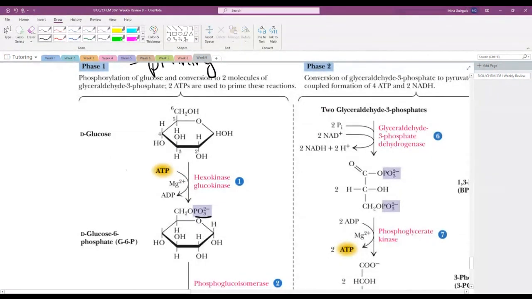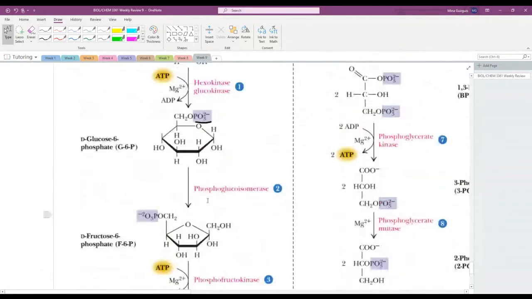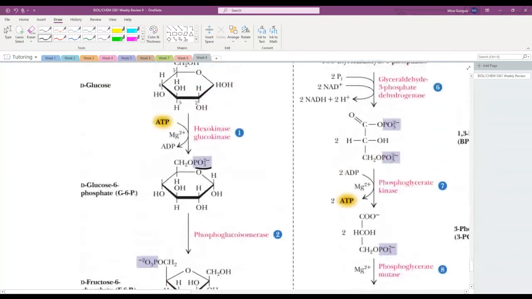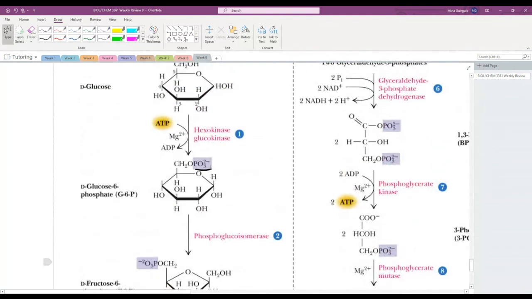So now it's not just glucose, it's glucose 6-phosphate. Okay. The second step is exactly like we talked about. We're making a furanose, making fructose. That's fructose 6-phosphate.